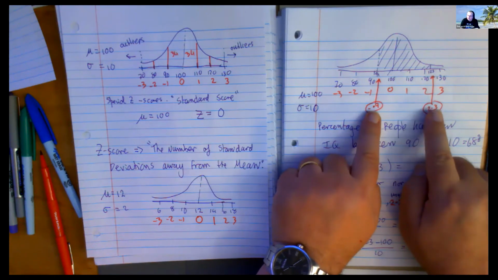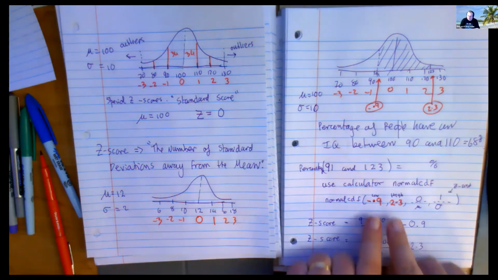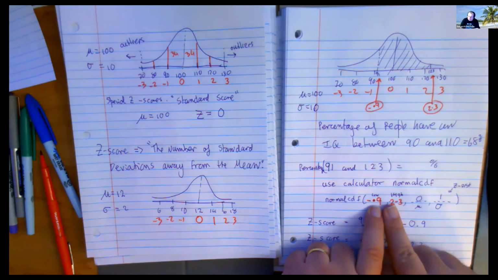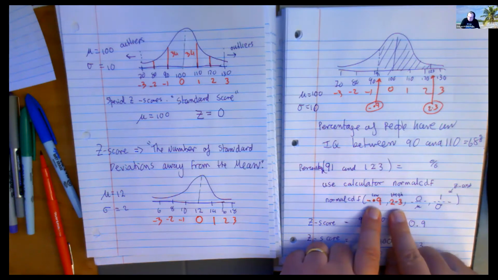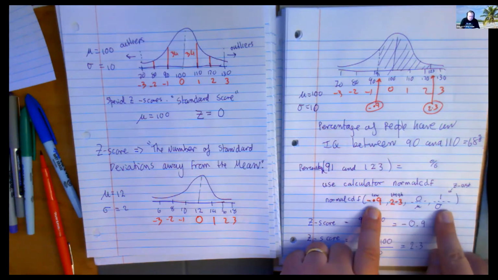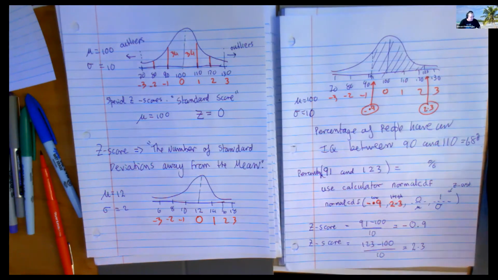The calculator is going to use these numbers in this thing called the normal CDF. You're going to use it to find the percentage of z-scores between negative 0.9 and 2.3. And the 0 and the 1 are there because the calculator needs those numbers.